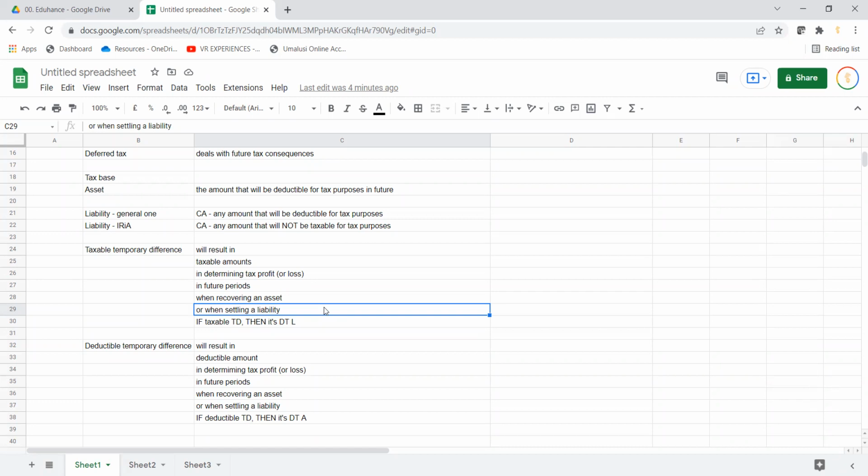Let's assume it is rental income, and they're going to lease your property next year. They're leasing a building from you and paying rental income, but they're only going to start leasing the building in the new financial year. But they made a payment in this financial year. So you received money, but you did not yet provide the service.